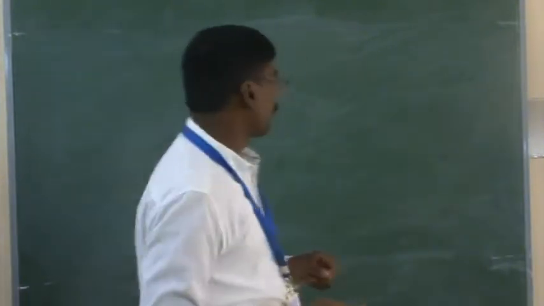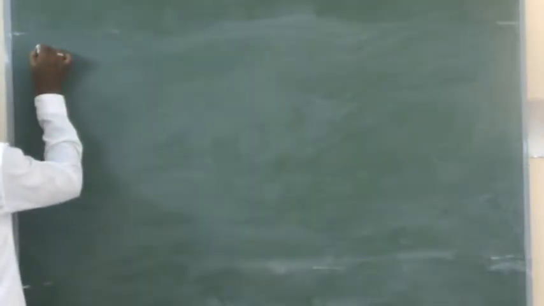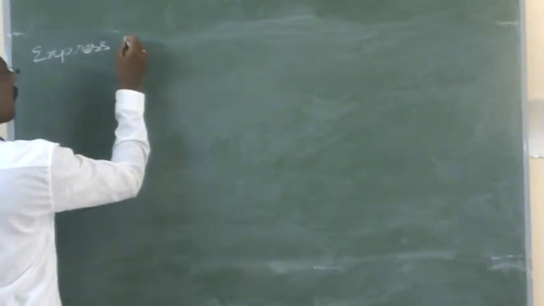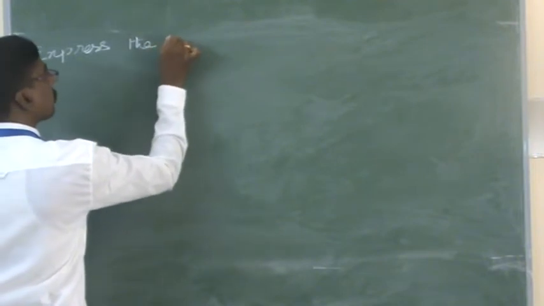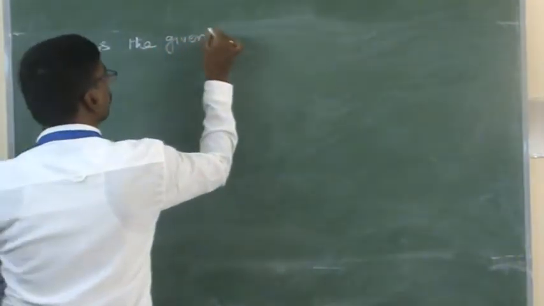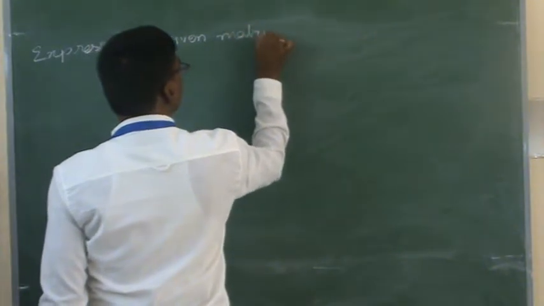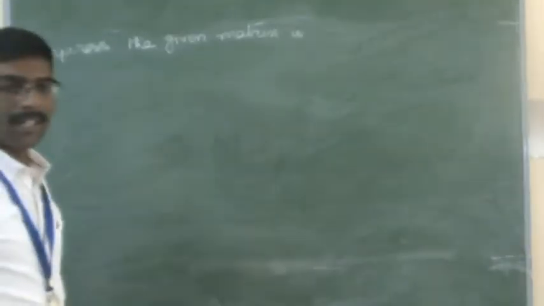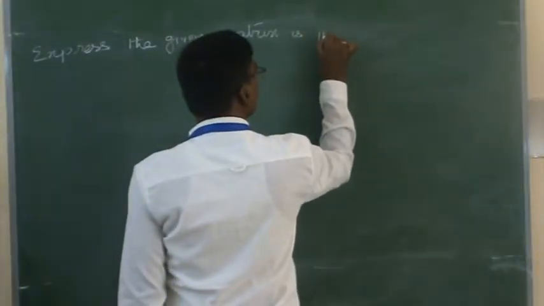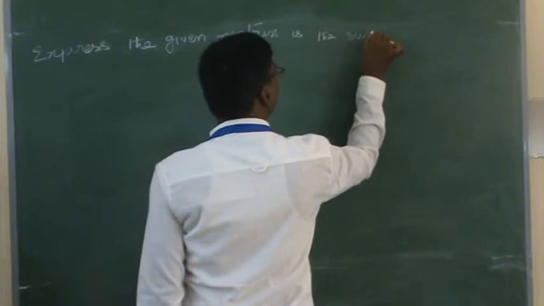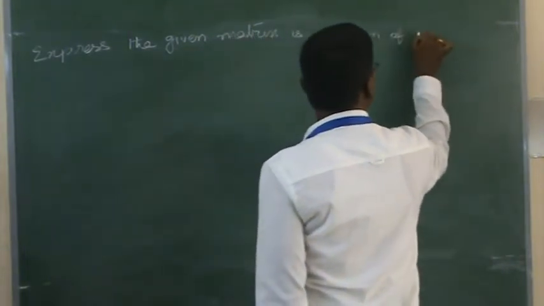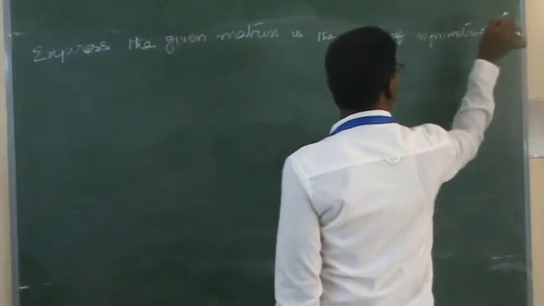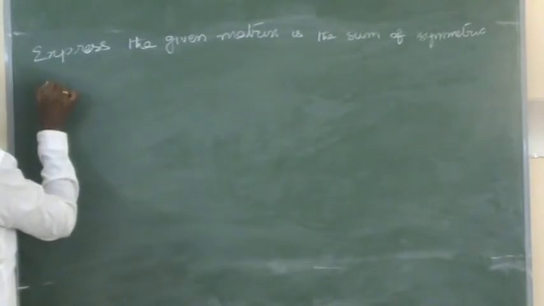Today's topic is: express the given matrix as the sum of a symmetric and skew symmetric matrix.